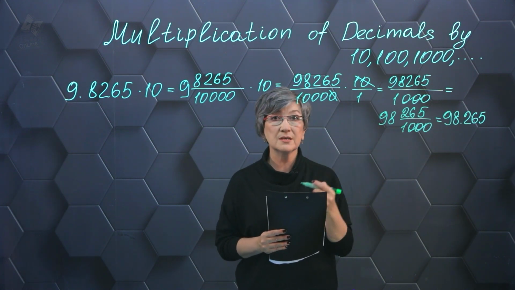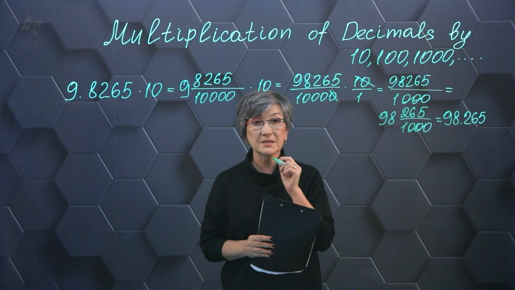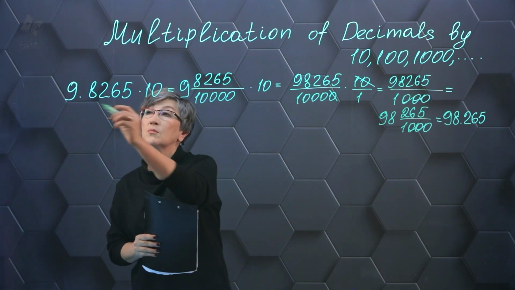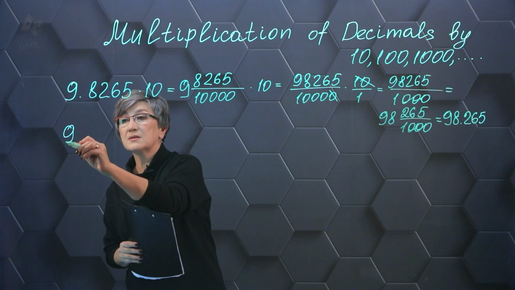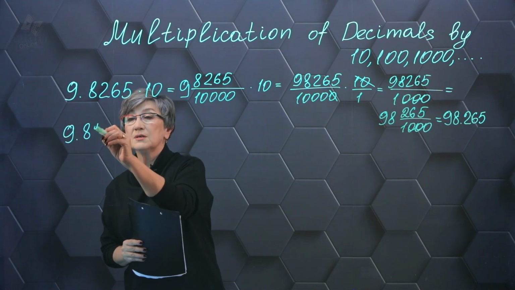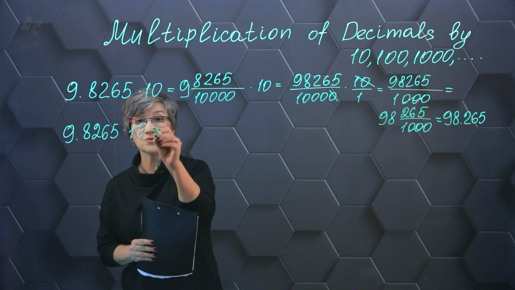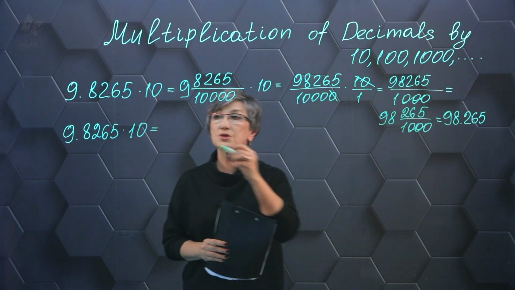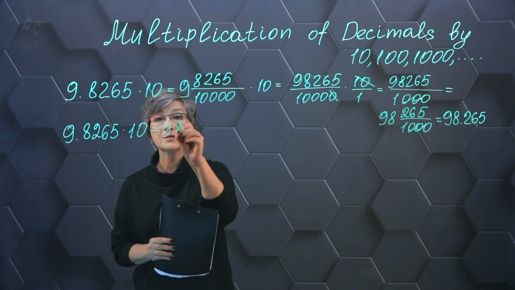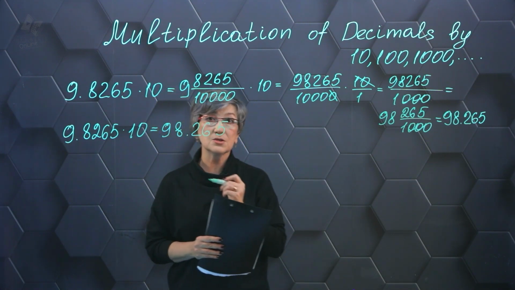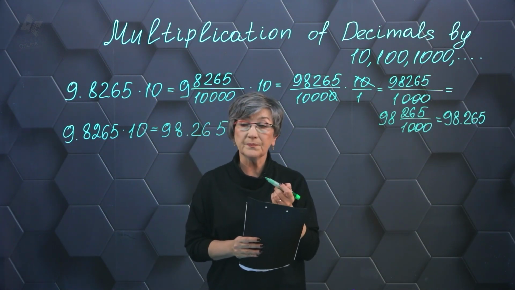I wanted to draw your attention to the next entry. I'm going to go back to my example and write down 9 whole 8,265 ten-thousandths. I multiplied by 10, and the result is the number 98 whole 265 thousandths. What happened?